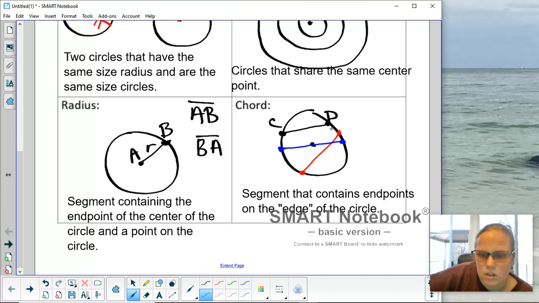It's just a longer section, so I could say CD or DC for this case. Now, for the other one, if I had the center point listed, I wouldn't use that center point there. I would just say EG for that chord or GE.